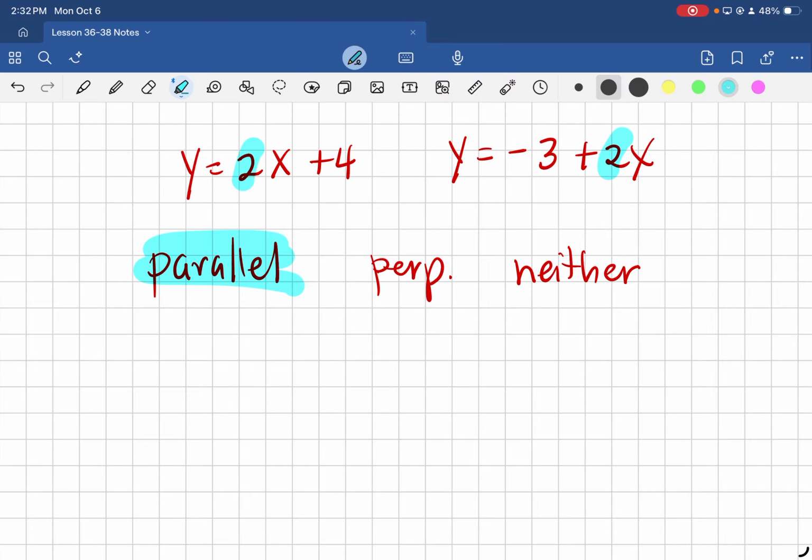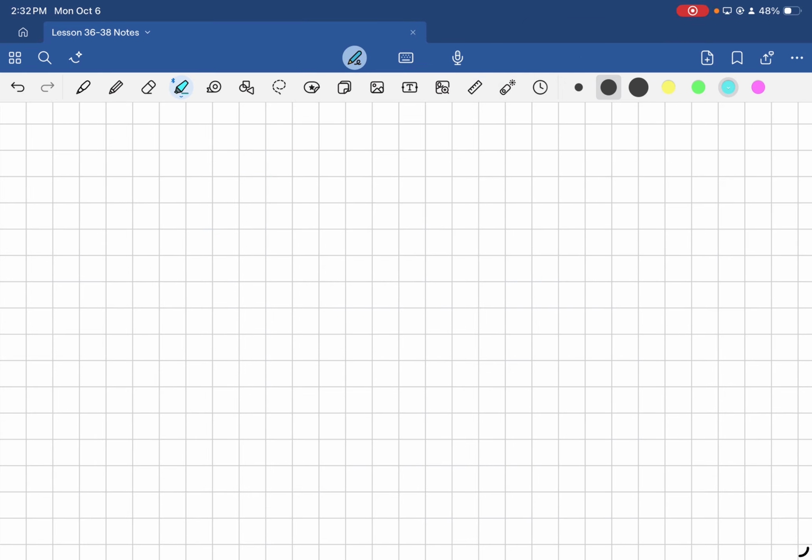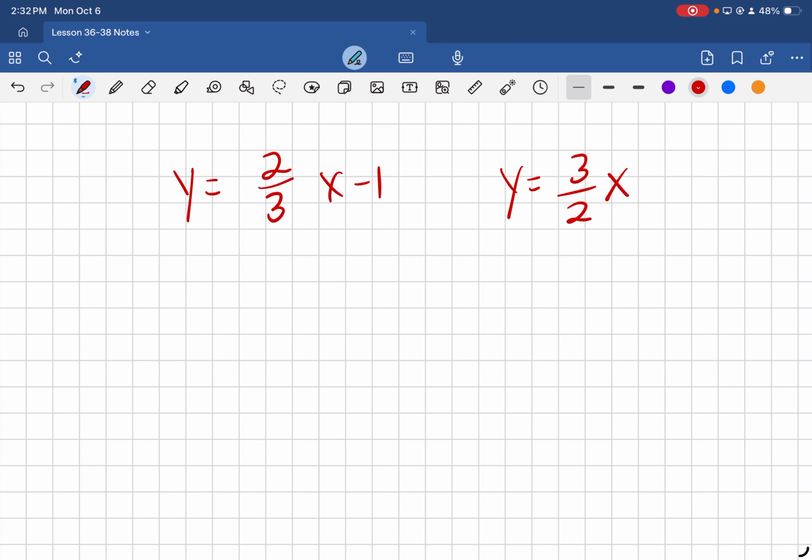All right. Let me clear this. The next one says, are the lines y = 2/3x - 1 and y = 3/2x parallel, perpendicular, or neither?